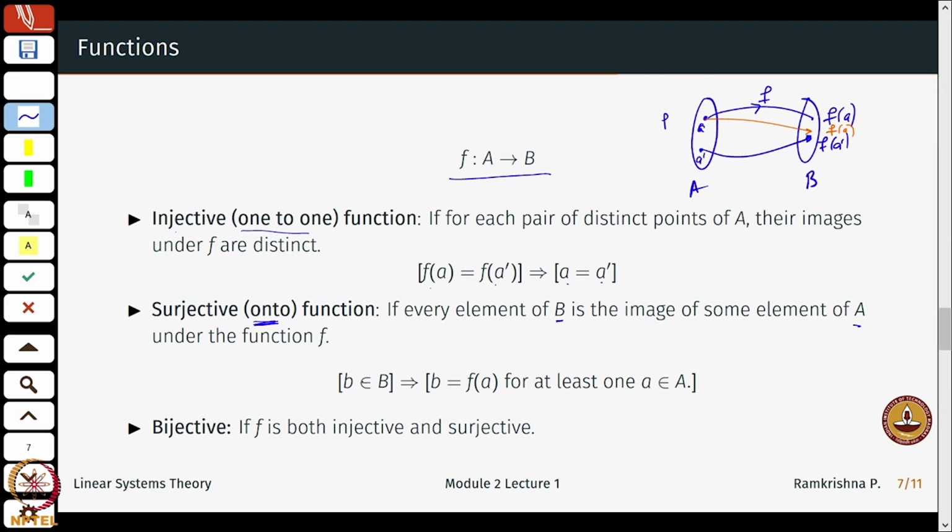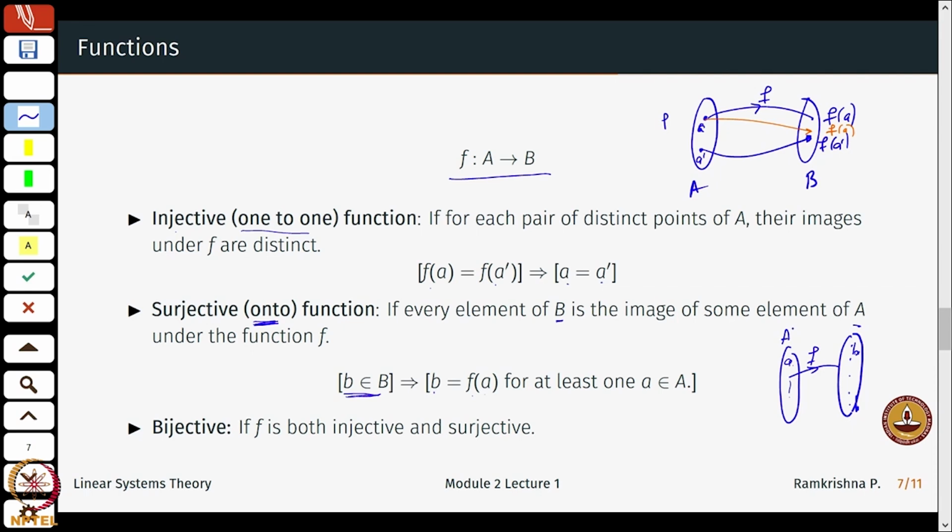Mathematically, for all elements small b belonging to the set capital B, b is equal to f of a for at least one a belonging to A. So if I take any point b1 till bn, it should definitely come from some point a1 or whatever in the set A.